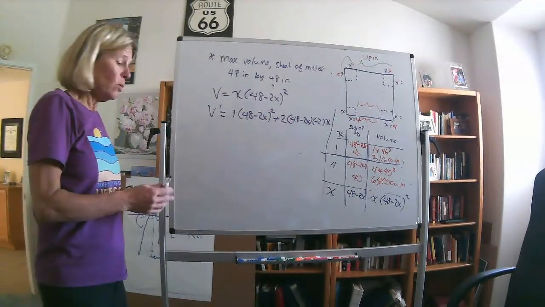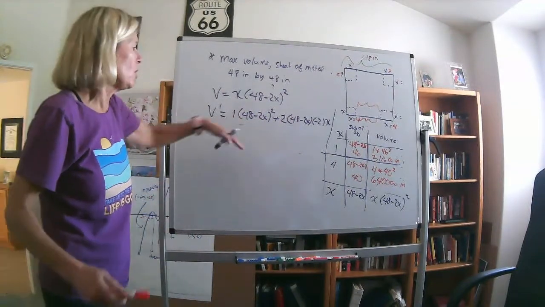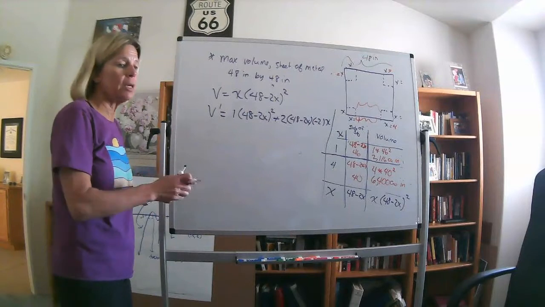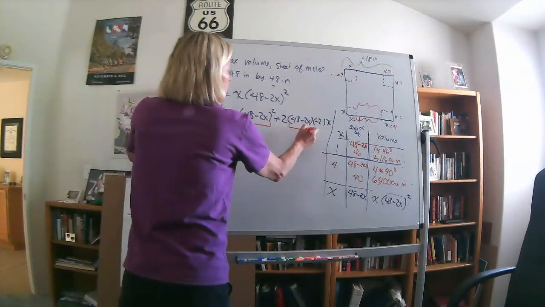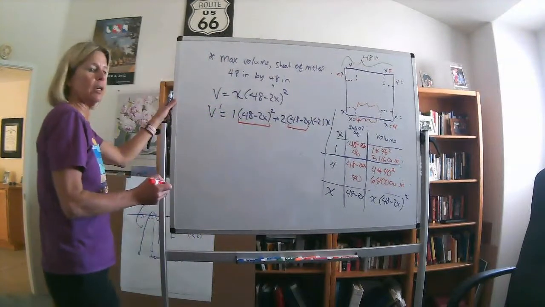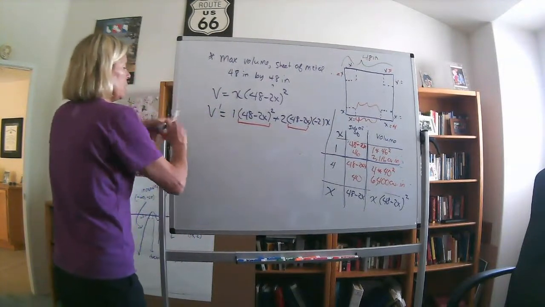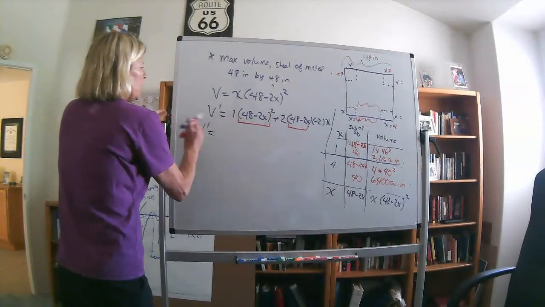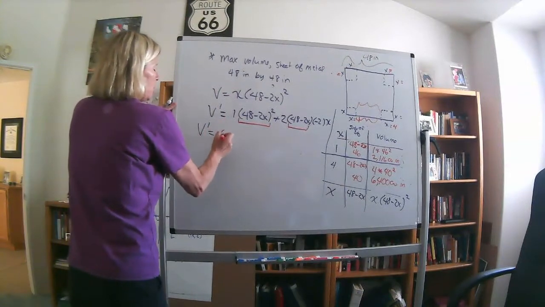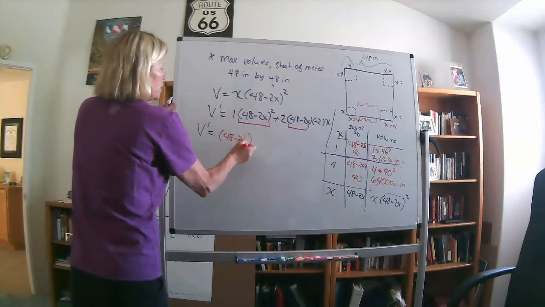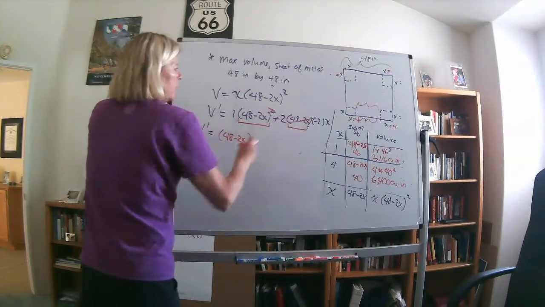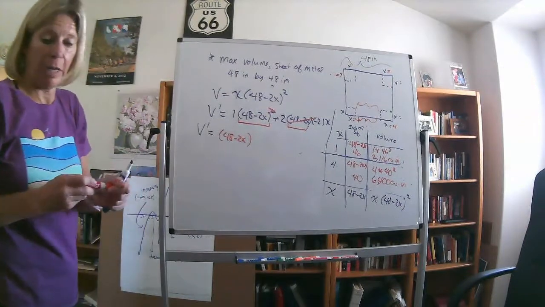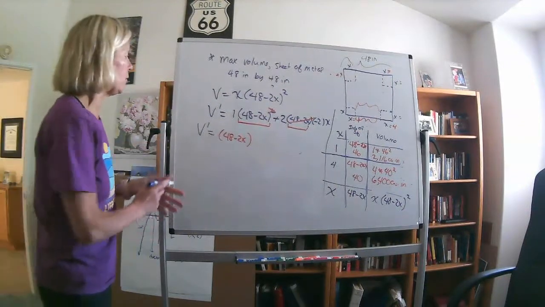I still don't want to multiply this whole thing out, but that's okay because I see that I have a greatest common factor of 48 minus 2x that I can bring out front. So my v prime, I'm going to factor out the 48 minus 2x. That will leave me with 1, and this term will cancel because we brought it out front.